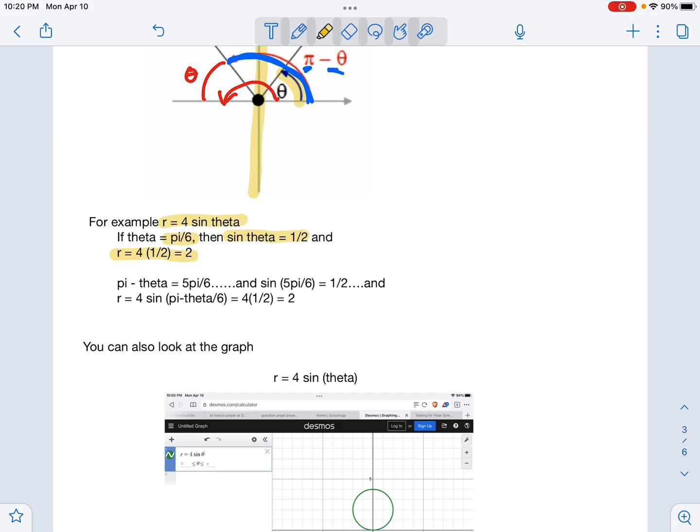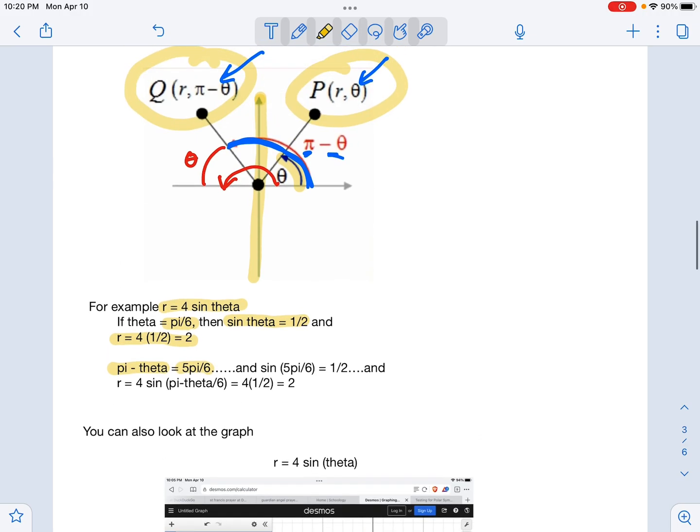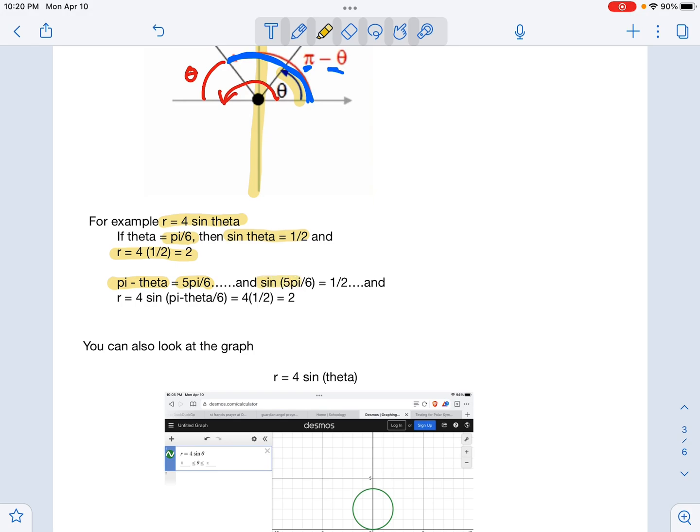Now if we try the test with pi minus theta, pi minus theta is 5 pi over 6, and sine of 5 pi over 6 is 1/2 from the unit circle. So 4 times 1/2 equals 2. Whether you put in theta or pi minus theta, you get the same answer of 2.